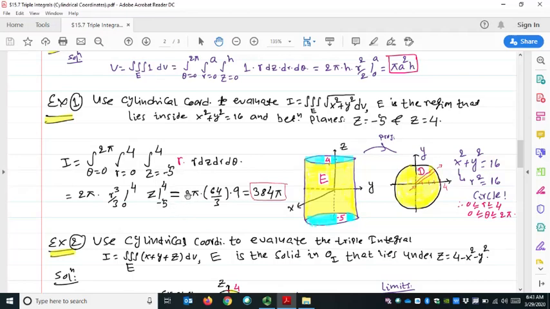In the next step, write 2 pi as is, put r equals 4, so 4 cubed is 64 over 3, and the lower limit is 0. For z, put the upper limit 4 minus the lower limit -5. Two minuses make a plus, so 4 plus 5 is 9. Then simplify, and this gives us 384 pi. So we found the value of this given triple integral using cylindrical coordinates. Great. Now let's move on.